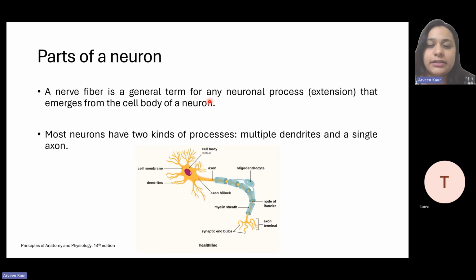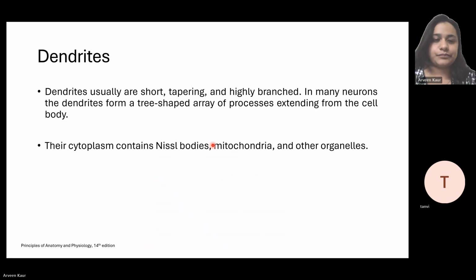In the earlier structure we saw, they form a tree-like or root-like process. Their cytoplasm does contain Nissl bodies, mitochondria, and other organelles. Because it is directly extended from the cell body itself, it also contains Nissl bodies, mitochondria, and other cell organelles.